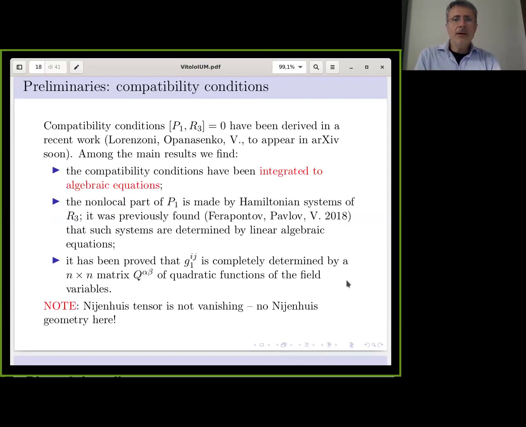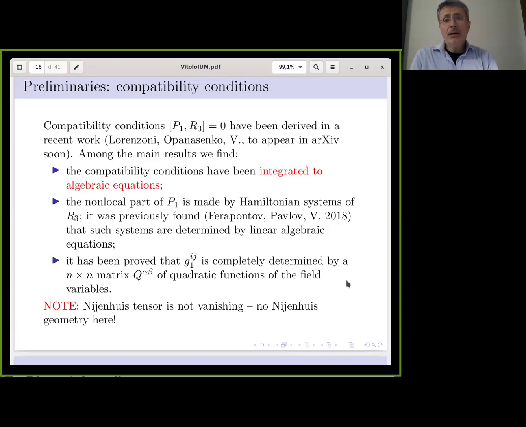Let us speak about the compatibility conditions. Now, finding compatibility conditions of P1 against R3: the Schouten bracket of the operators P1 and R3 must vanish, which means the operators are compatible. This is quite a hard computation. Recently, we have been able to finish it, and we hope to post the paper on arXiv as soon as possible.